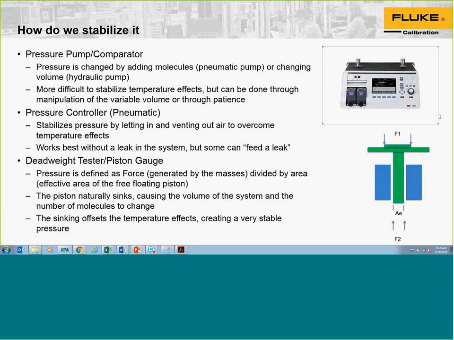If you take pressure points ascending, say 0, 25, 50, 75, 100, and the same pressure points going down, 75, 50, 25 back to 0, with hysteresis you see it most predominantly towards the middle. So at 50, maybe you're reading 50.1 going up and 49.9 going down. That's a hysteresis of 0.2.